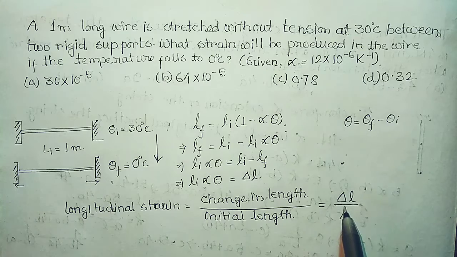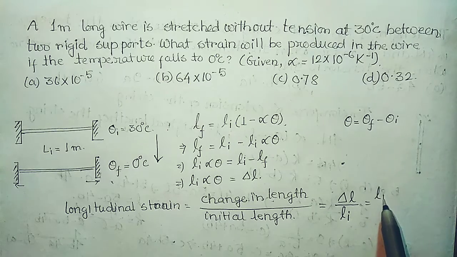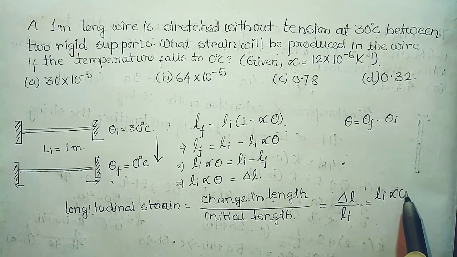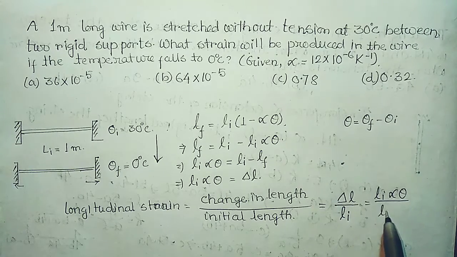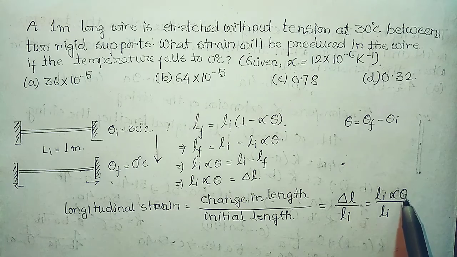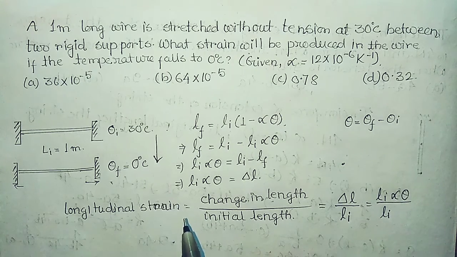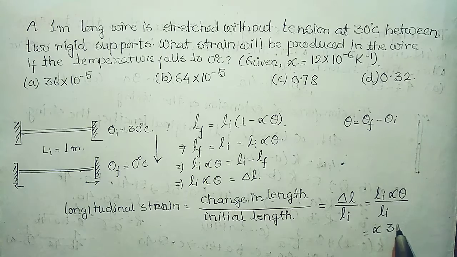and initially the length is Li. So strain is del L divided by Li, which is Li multiplied by alpha into theta divided by Li. So what is the difference in temperature? It decreases from 30 to 0, so we can say it is alpha multiplied by 30.